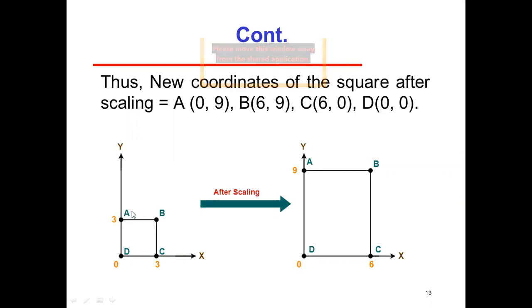You can write PQRS, whatever you are going to assume, but here it is already mentioned in this problem. So ABCD, you can draw the initial diagram as per the initial coordinates, and after scaling you are getting this. Okay, for ABCD the size here has increased.